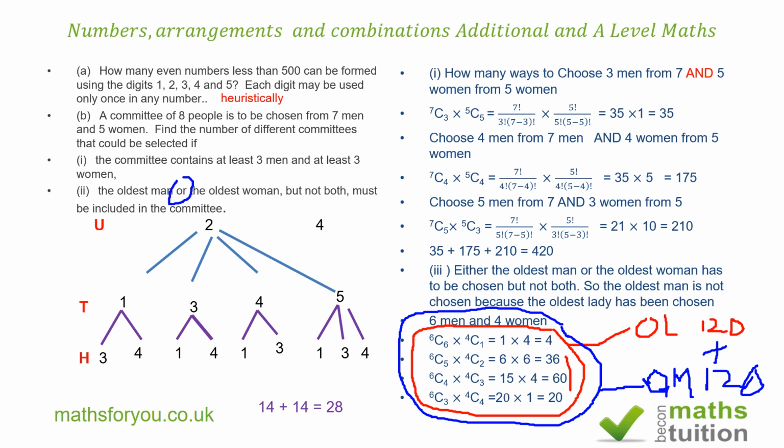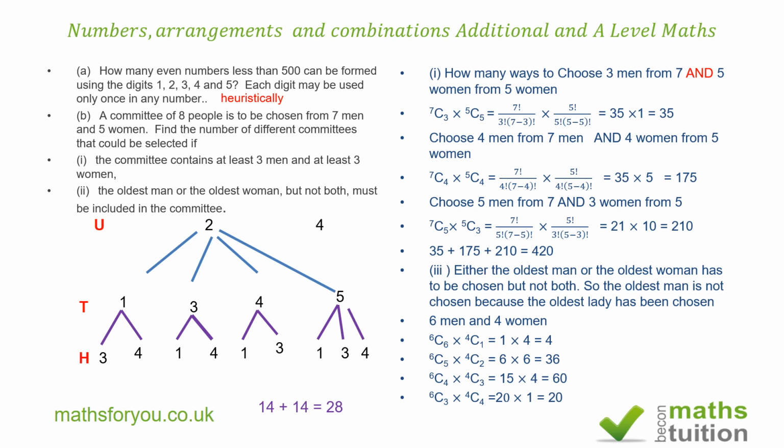So now the answer will require the number of ways we can choose a committee of 8. We can choose a committee of 7 plus either the oldest man or the oldest woman, which will be 120 plus 120, and the answer we get is 240.